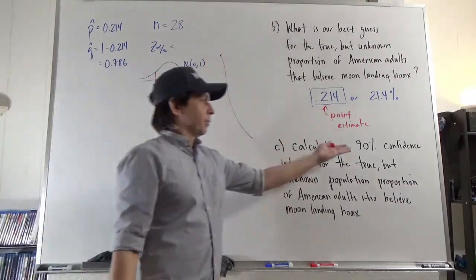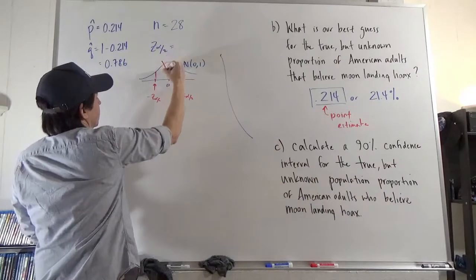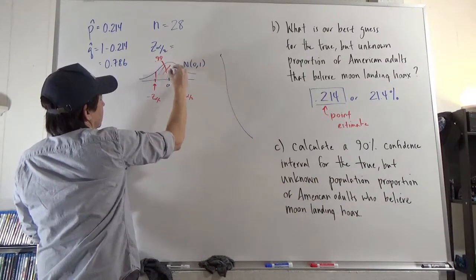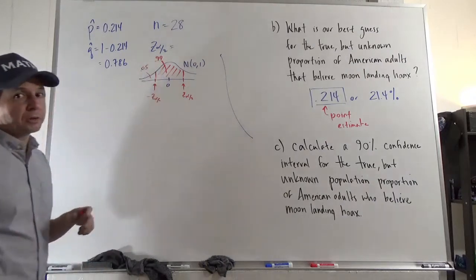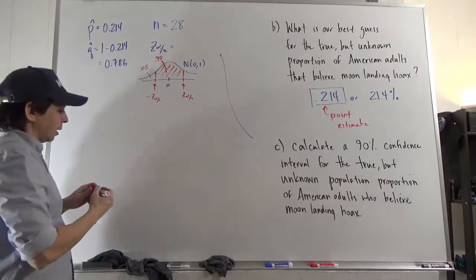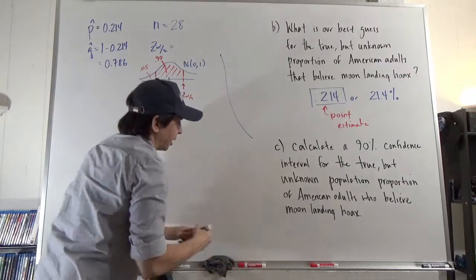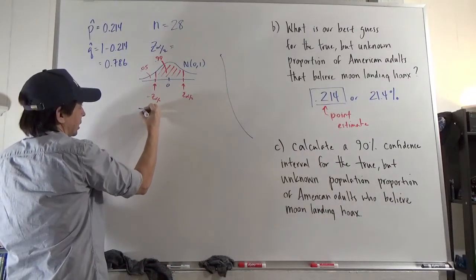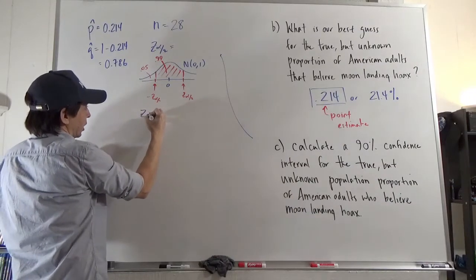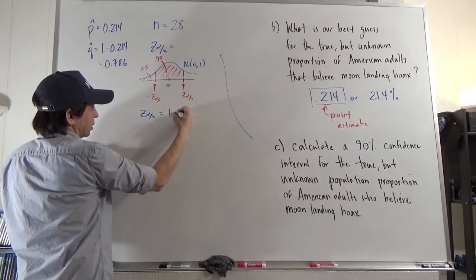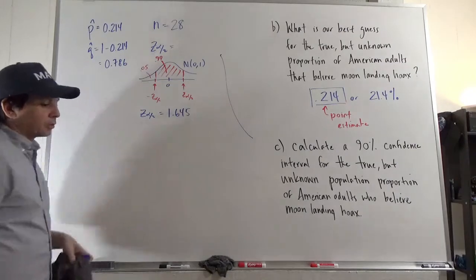What confidence level? 90% in the middle. That means I'm not going to show the computations, but 1 minus that divided by 2 will be 0.05. I'll do inverse norm 0.05, drop the negative, and then I'll recognize that it's a z alpha over 2, that first example we did, 1.645. That's our critical value that we need.